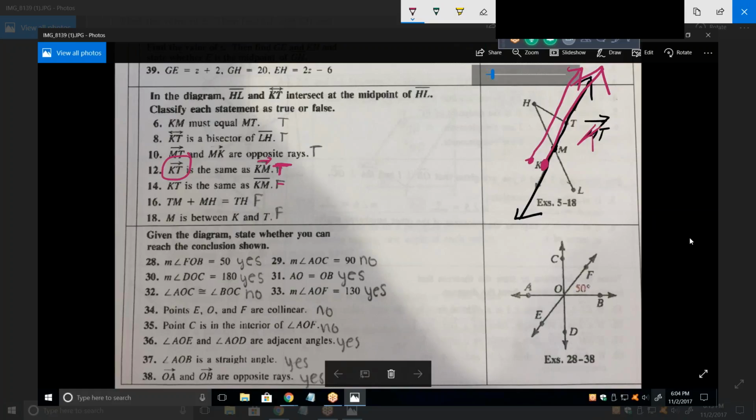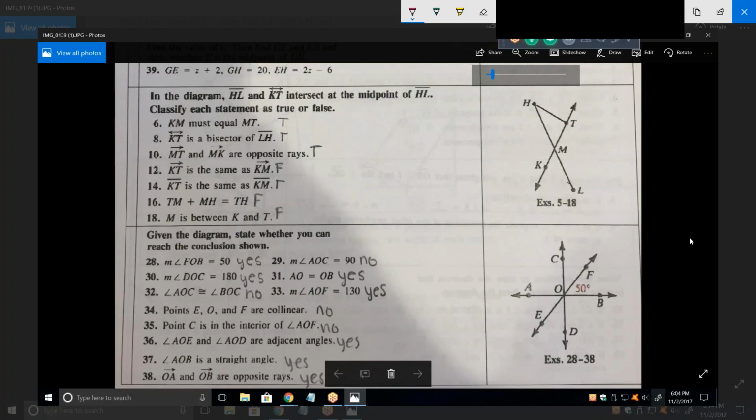Now let's look at 16. Let me erase everything. TM plus MH equals TH.